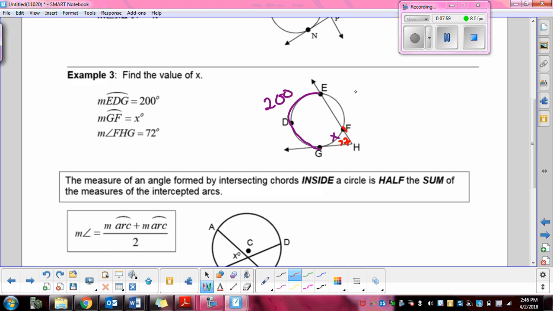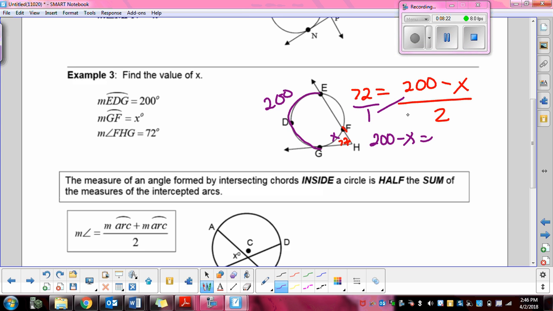Now I'm going to plug it into my formula. 72, my angle, is equal to my big arc, which looks like 200, minus the small arc, which is x, divided by 2. What you can do is multiply by 2 on each side, or just put a 1 under this and cross multiply. 1 times anything is itself, so 200 minus x equals 72 times 2, which is 144.